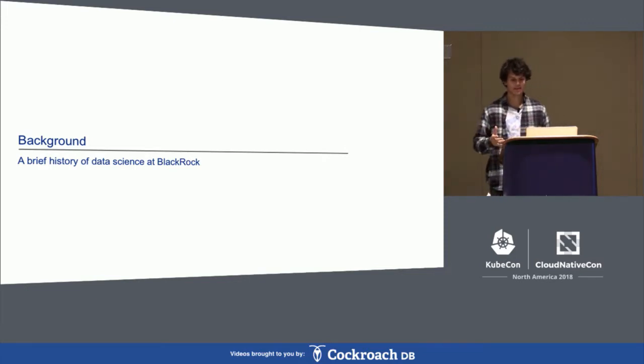The fact is that BlackRock has been investing in and deriving value from data science for the better part of our existence. In fact, we've been successful based on the optimizations that we've applied to financial portfolios and to modeling those financial portfolios' risk. So this background story isn't going to cover all of that. It's going to cover more around how we brought Kubernetes into the picture.